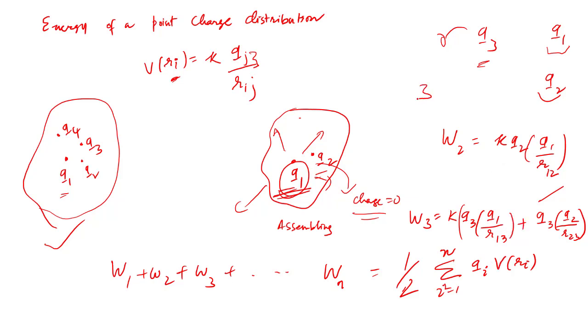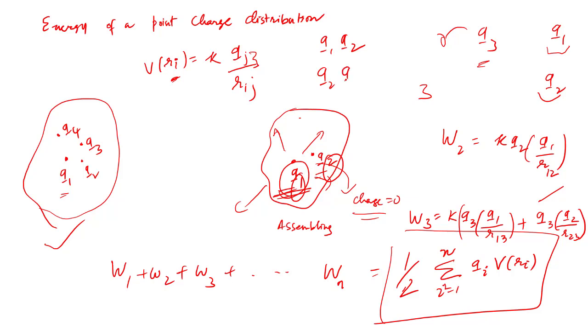For the third charge, we are counting first and second. For the fourth, we are counting 1, 2, 3, and so on. In general, we showed that we can do the double counting. I can do both Q1 Q2 and Q2 Q1, and these are essentially equal, and just take half of it so that the summation is a single summation and I don't have to worry about duplicating the terms.